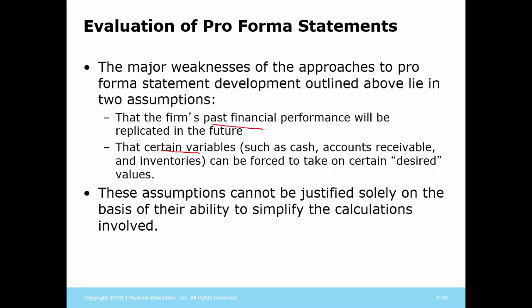Certain variables, we can force them to take on some desired values, but just because they're desired, does that mean that they are the correct values? So again, the challenge here is to introduce and have an understanding of how forecasting works in the company. We'll work through this process, but again, it's not the most straightforward. It's not the easiest process to understand.